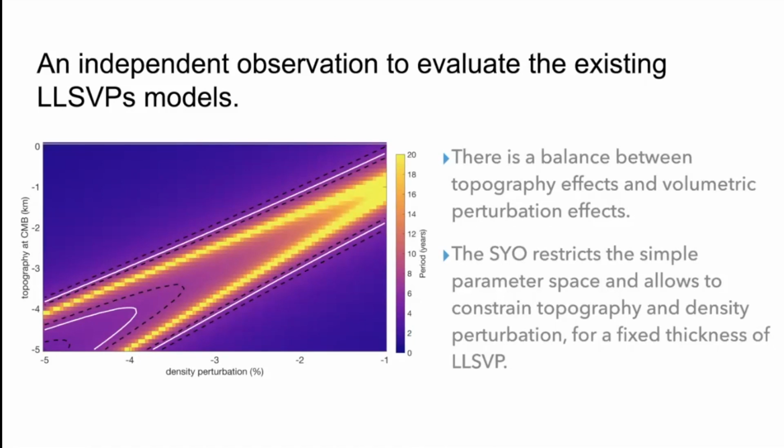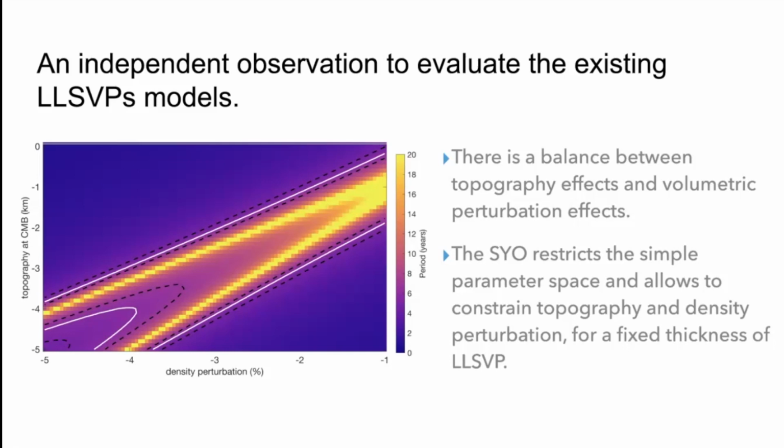One very important thing that I want to say here is that we're not trying to construct models for LSVPs because we only have one data point. And it's not very reasonable to go around and say that, oh, we'll just constrain the LSVPs based on this data point. But what we can do is test the existing models for LSVPs and test whether or not they fit this independent data set, because no model for LSVPs was constructed with this in mind.